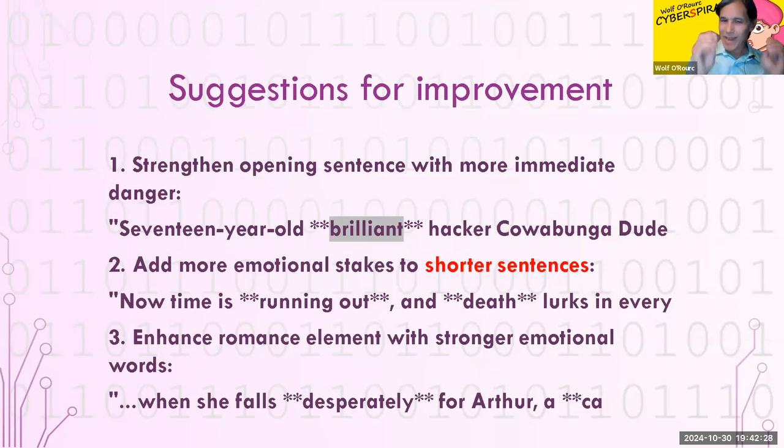It's also saying the same thing: add more emotional stakes to shorter sentences, like copywriters do. Because guess what? The longer the sentence, the more filler you have. You have to have prepositions, and, or, those are not emotional. The longer the sentences get, the more the score drops because they're automatically not as emotional.